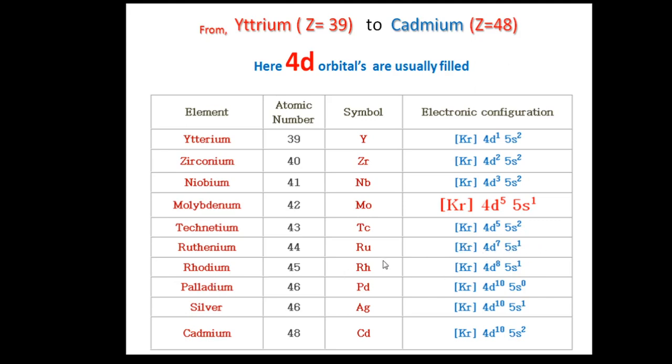After that, rhodium has the electronic configuration 4d8 5s1, so the incoming electron enters into the d orbitals. Then palladium: here we can see 4d10 5s0. When the electron count increases by one single unit, 4d8 becomes 4d9.